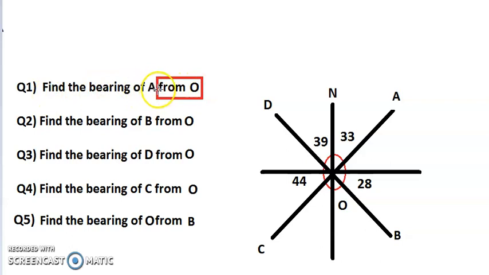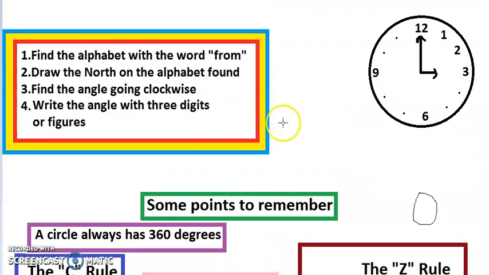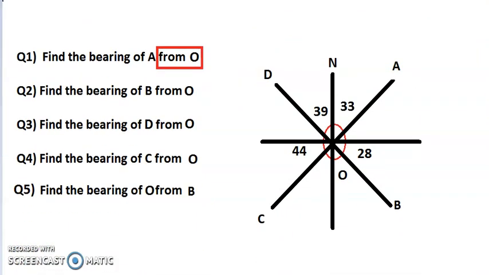Find the bearing of A, right? Now A is actually present over here. Now what I need to find is the bearing, and the third point of my rule states that find the angle going clockwise. Now the bearing starts from north, and the bearing goes clockwise. Now as I already discussed, clockwise means going in that direction.